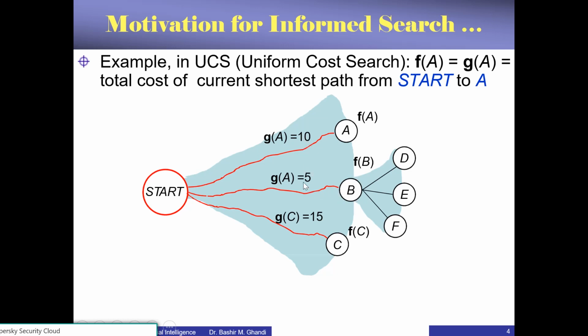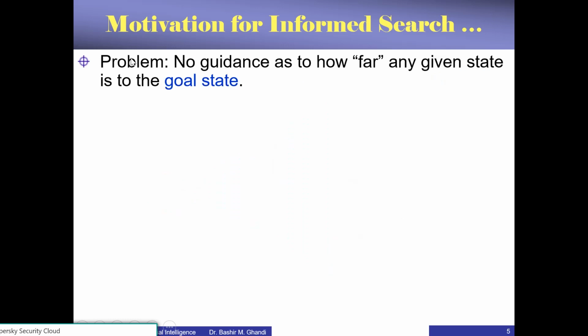From the start to B, it costs 5. From the start to C, it costs 15. Therefore, UCS will say, since this is the least cost so far, we should explore it. It is likely to be on the cheapest path to the goal. But without knowing what happens from this point to the goal, we don't know. So the problem is there is no guidance as to how far any given state is from the goal.